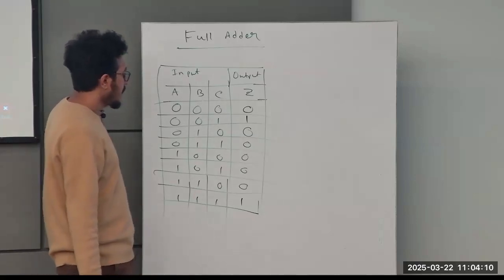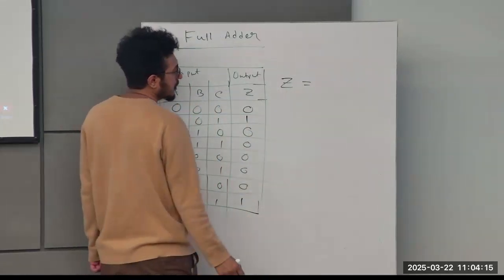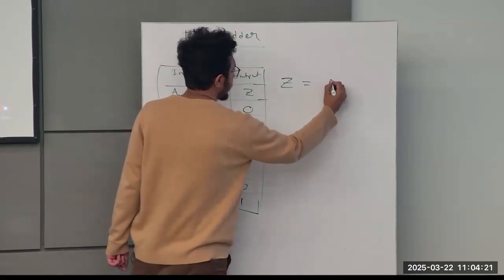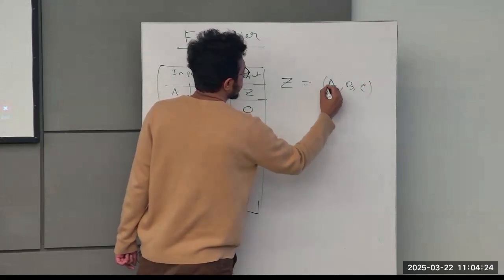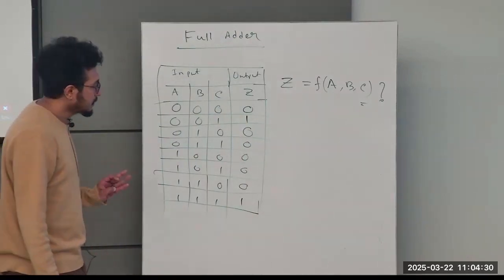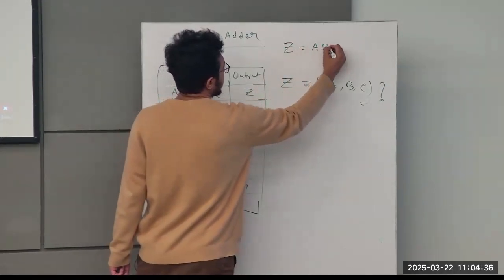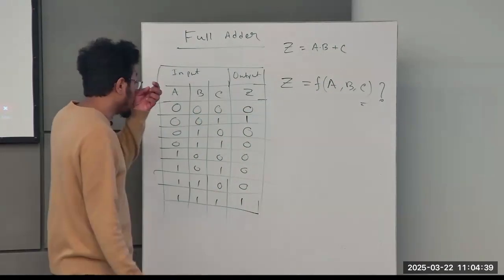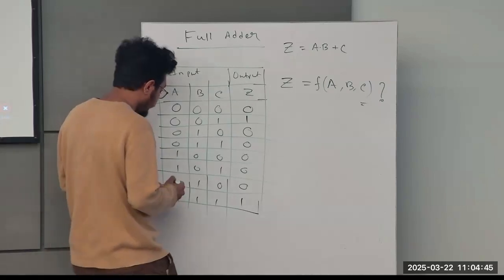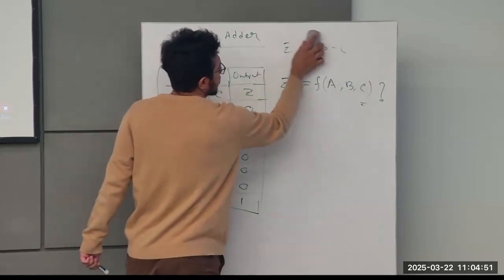Now I want to write the Boolean function. What is the expression of Z in terms of the inputs A, B, C? This is my target. I want to achieve something like Z expressed in terms of A, B, and C. It is not AB plus C that I showed you before.